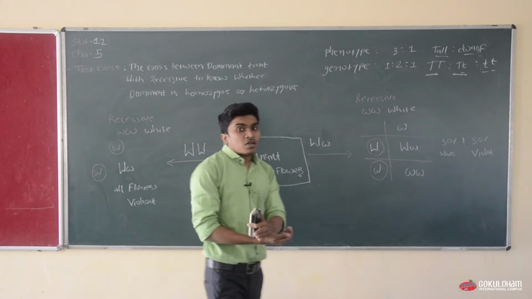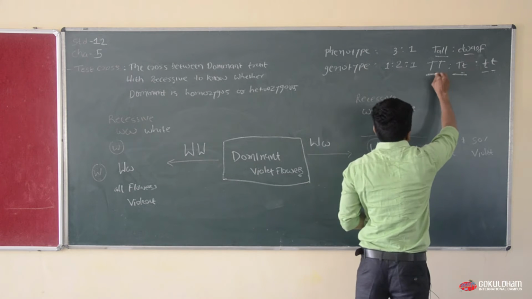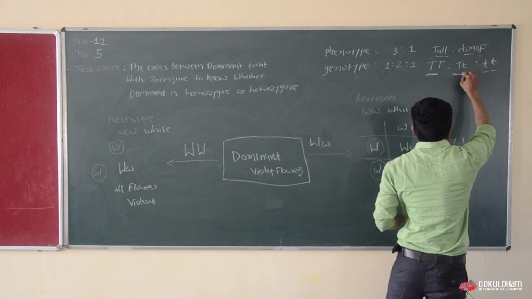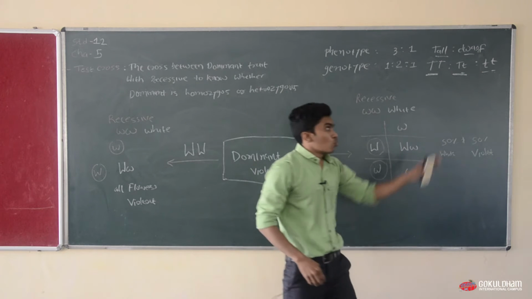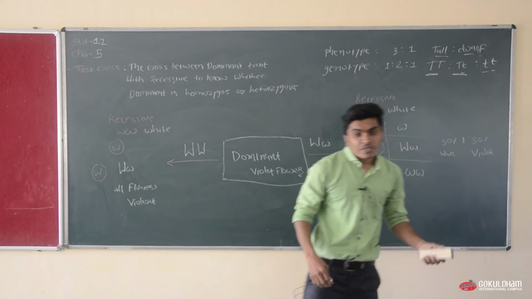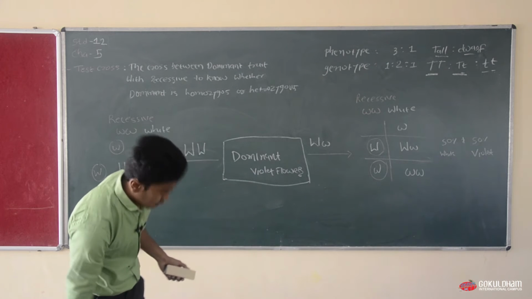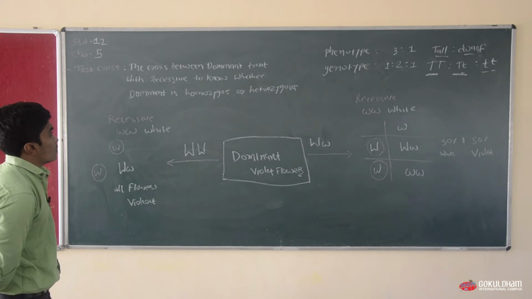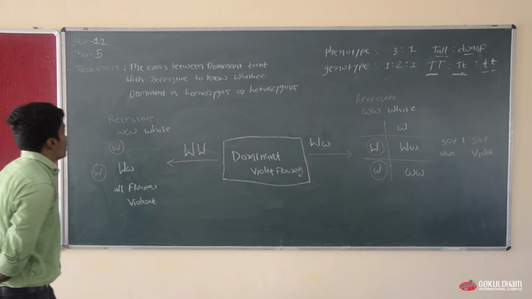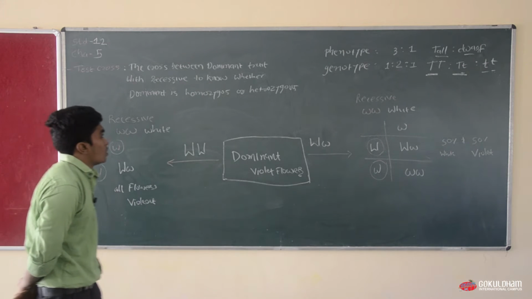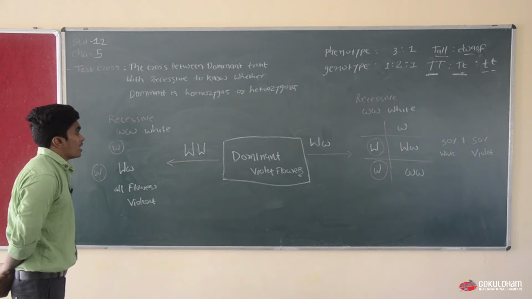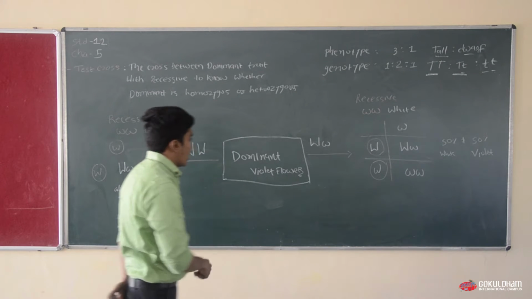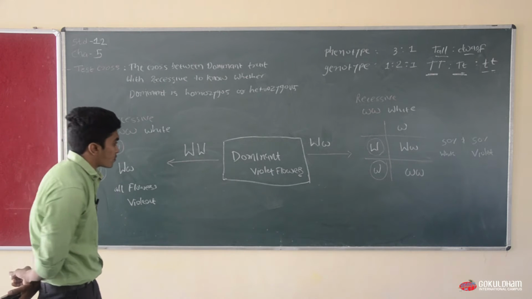Homozygous means having both similar alleles, and heterozygous means both alleles are dissimilar. So let's see what a test cross is. Test cross is the cross between a dominant trait and a recessive trait to know whether the dominant is homozygous or heterozygous.